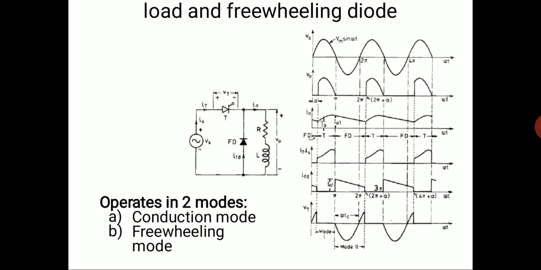The conduction mode is the mode where the freewheeling diode will be reverse biased. It will not be conducting. The conduction will be from supply to the load. It will be called as conduction mode. And the second mode is called as freewheeling mode. In this mode, the load will be disconnected from the supply and the current will be through this freewheeling diode.